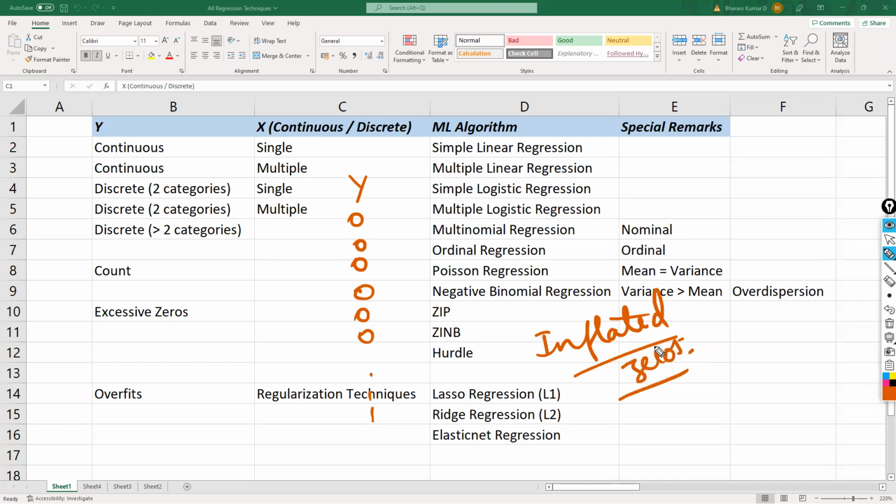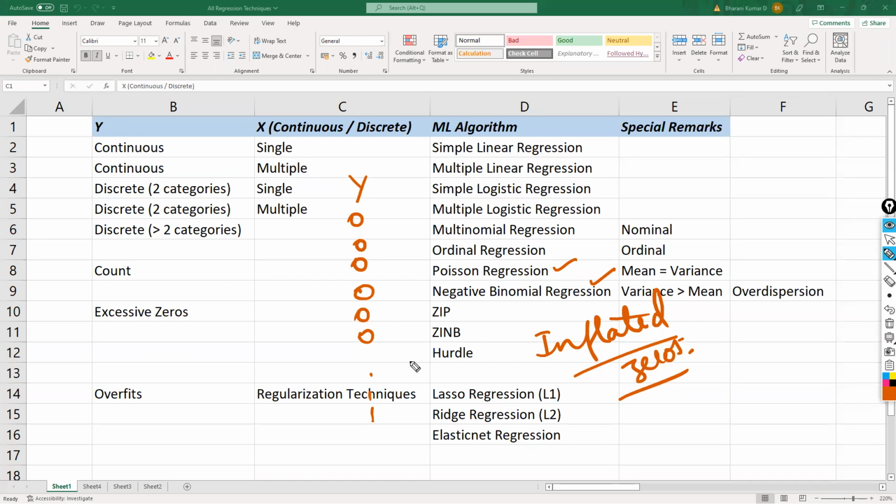When you have these inflated zeros, your regular Poisson or negative binomial might not work. You might want special types of algorithms, which will be able to handle these excessive zeros in a better manner. To handle these excessive zeros in a better manner, we start treating all those excessive zeros separately and the non-zero values separately.